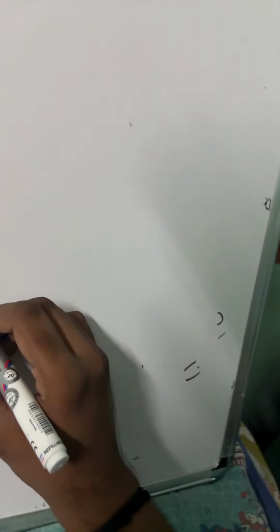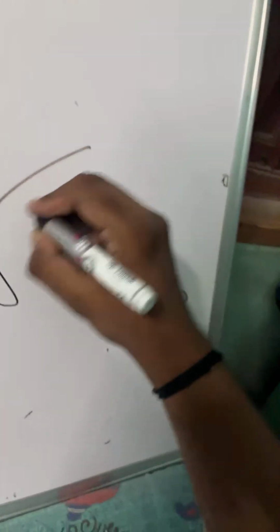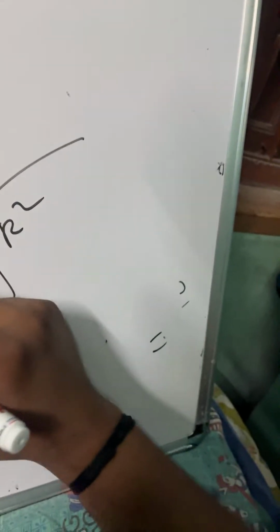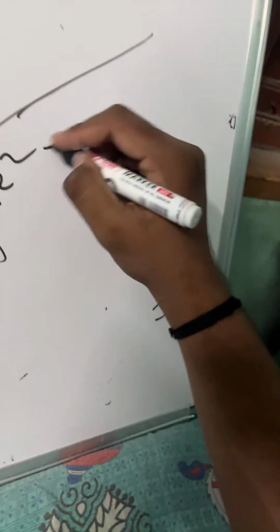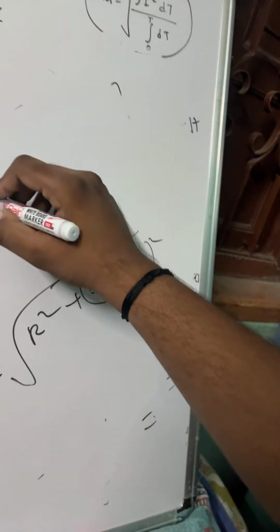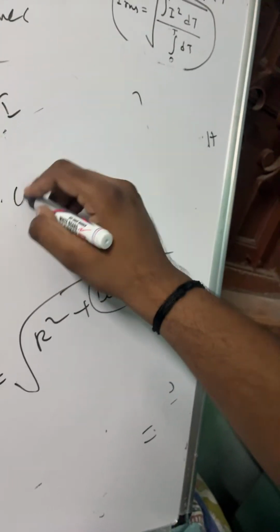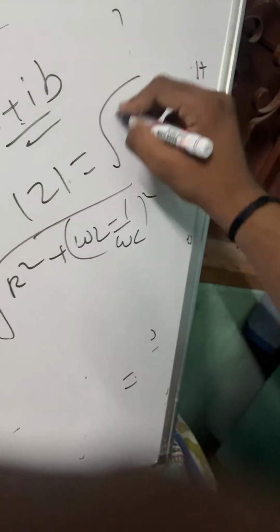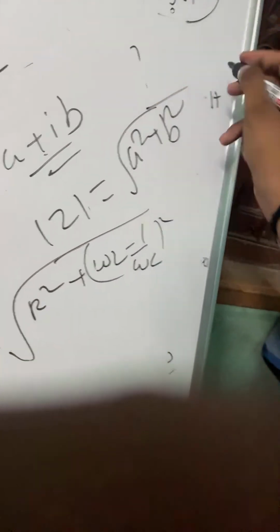And if we talk about this, Z, I am taking as the complex impedance's value. You know one thing, right? If Z is A plus iB, then the mod of Z is root under A square plus B square, which is the amplitude.